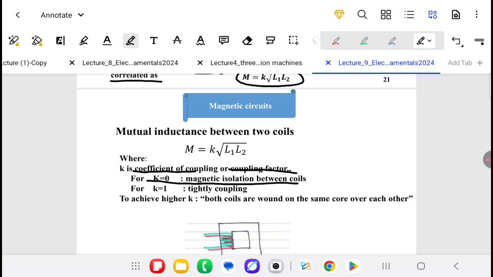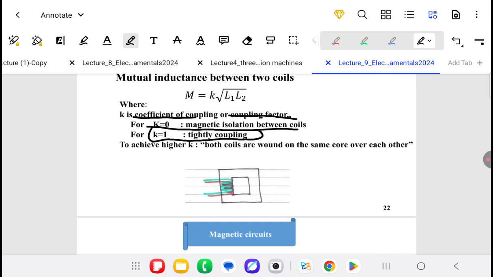If the two coils are tightly coupled, wound concentrically over the same leg of the core, as shown in the figure below, then the two coils are tightly coupled. To obtain a higher value of K, both coils are wound on the same core over each other, as shown here.